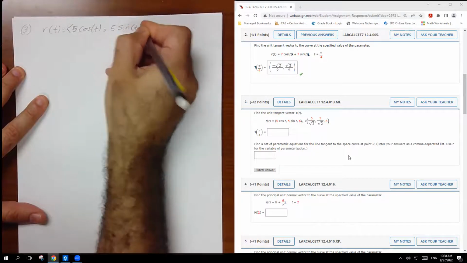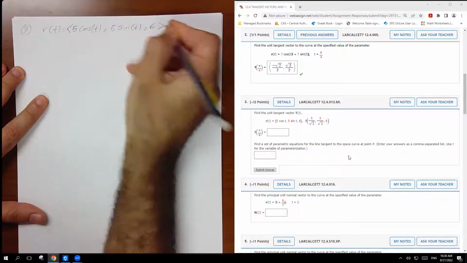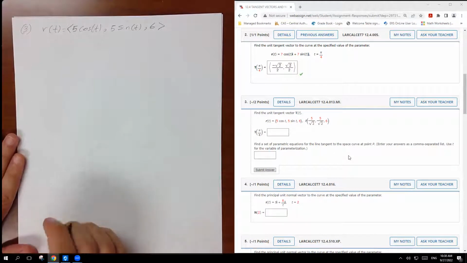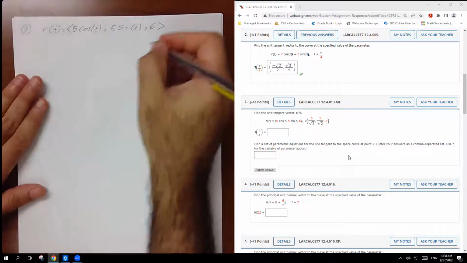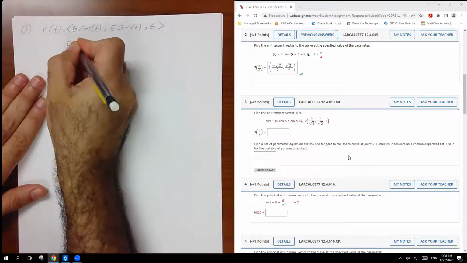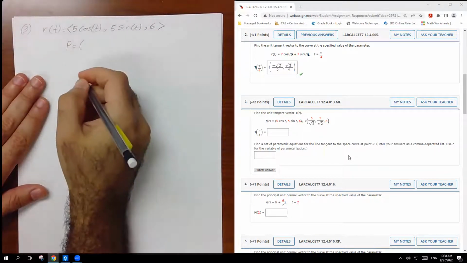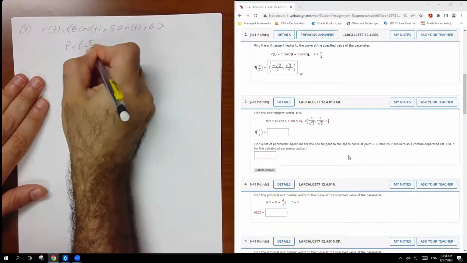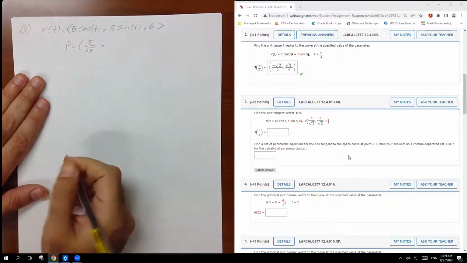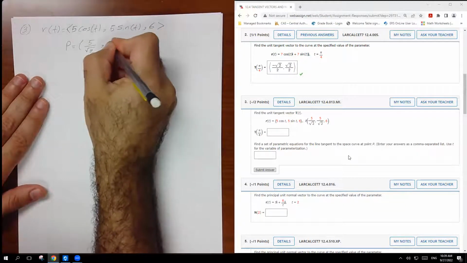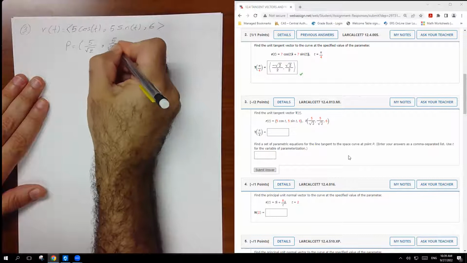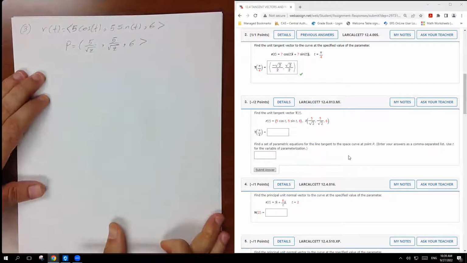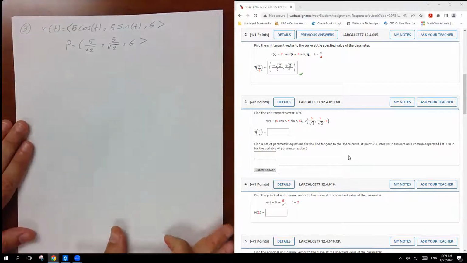So that's the same example. And they give you a point P, which is equal to 5 over square root of 2, and 5 over square root of 2, and 6. In fact, maybe you're going to get exactly the same one. So I'm trying to solve it for you.